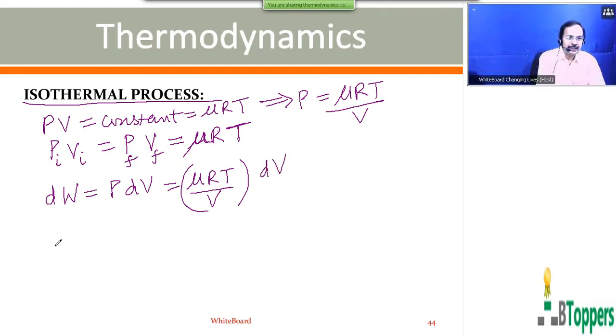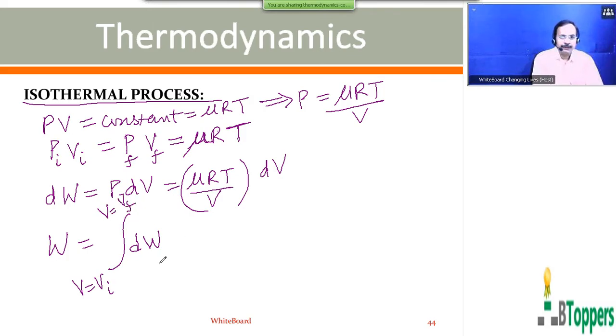So total work done by the gas during the isothermal process, when the volume changes from V equal to Vi to V equal to Vf, can be found by integrating this equation.